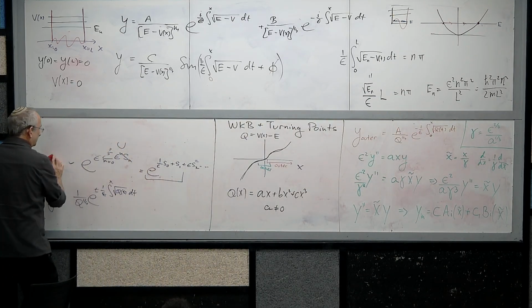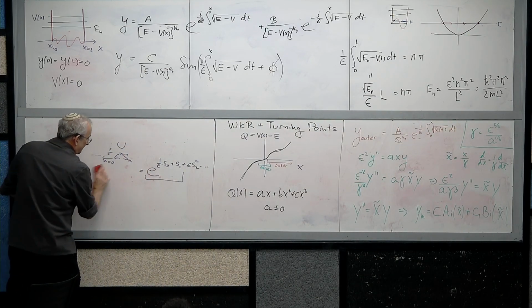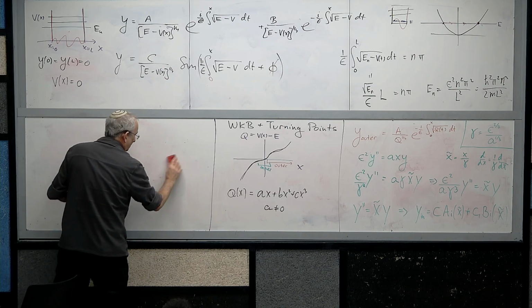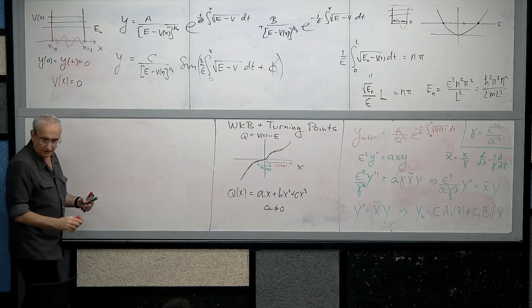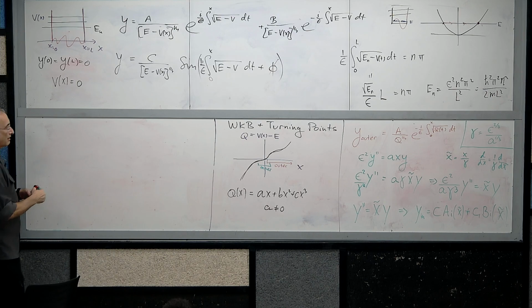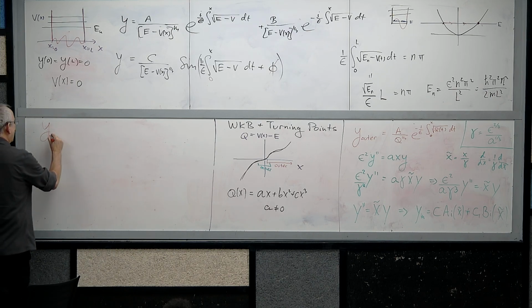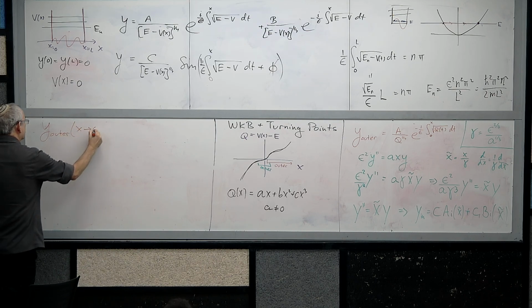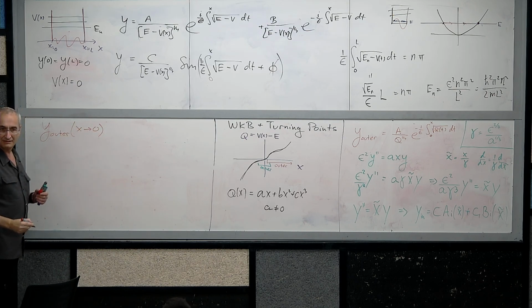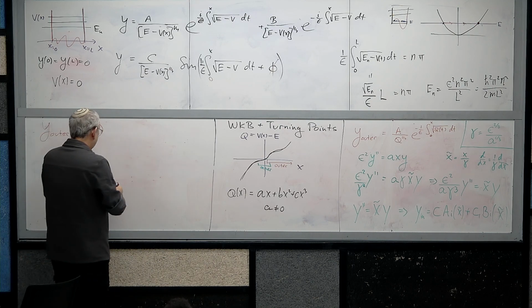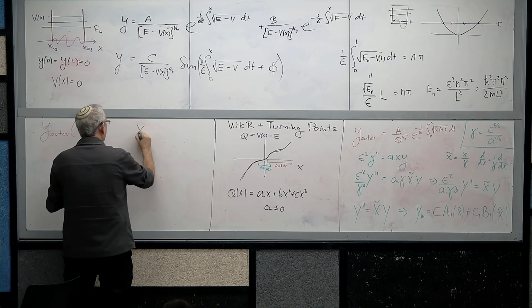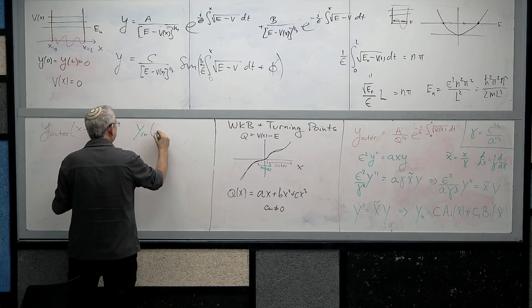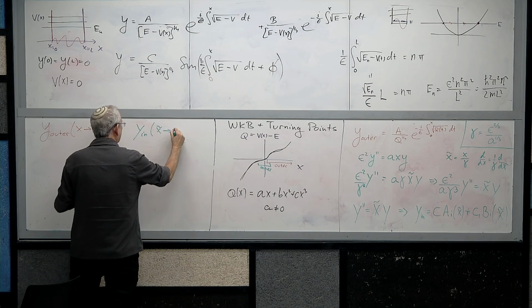The matching, for x tilde small. Yes, of course epsilon is small, epsilon is going to 0, no, x tilde. But the matching, I have to match y outer as x goes to 0 with y inner as x tilde goes to infinity.